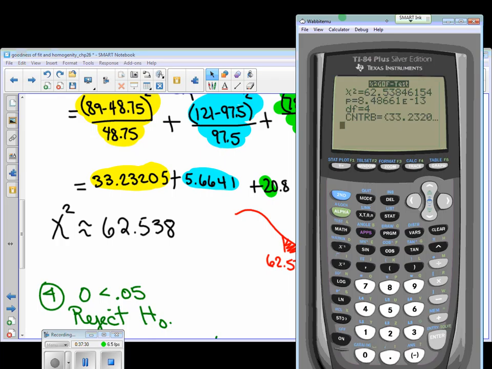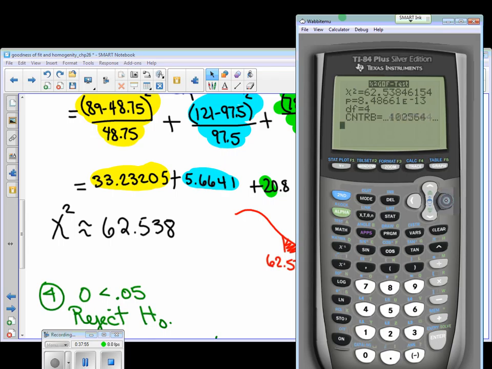If we arrow to the right, notice the first number is 33.2305. If I arrow to the right, it's scrolling, and then the next one comes up at 5.6641. If I keep scrolling, what do you think is going to come up next? 20.8.